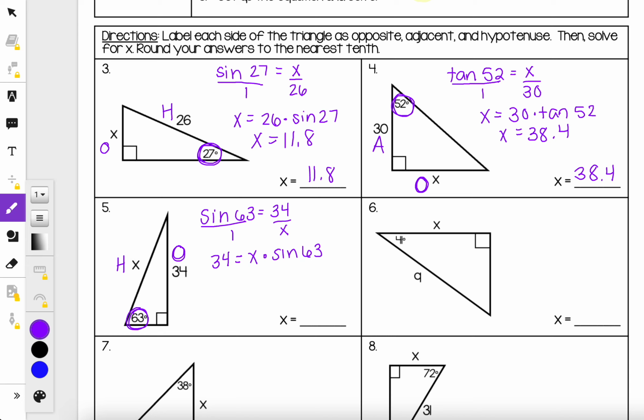Okay, now the sine of 63 again is just a decimal value. It's just a number. So I can divide both sides of this equation by the sine of 63. So when I do that, x equals 34 divided by the sine of 63. Again, you're going to plug that right into the calculator.